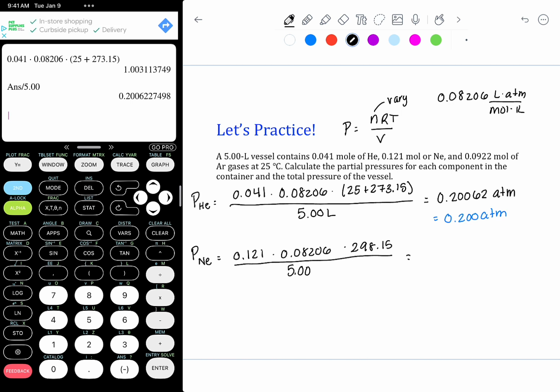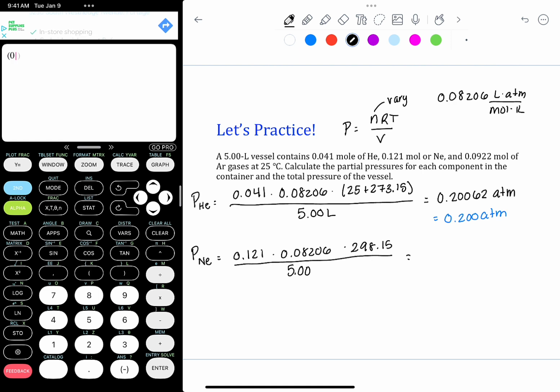So we get 0.121 times 0.08206 times 298.15 divided by 5. And we get 0.59208 atm. With sig figs, this becomes 0.592 atm.